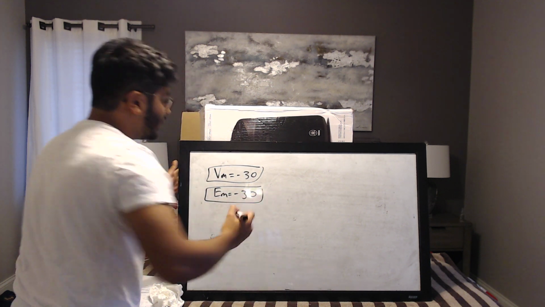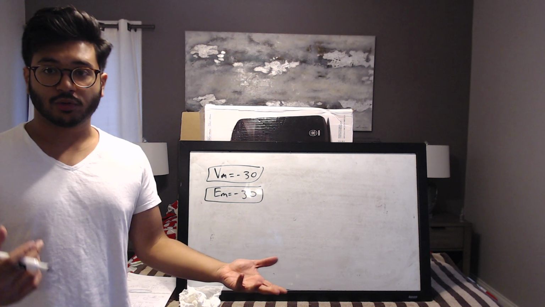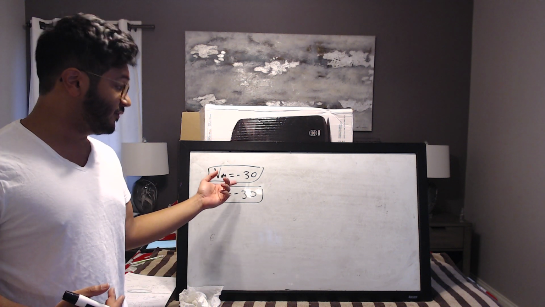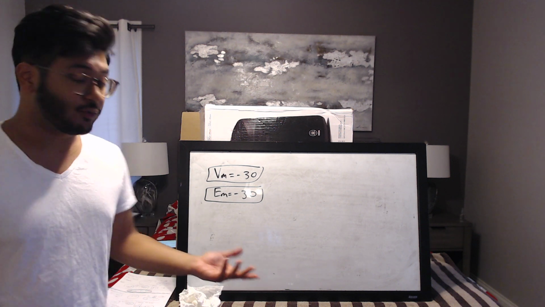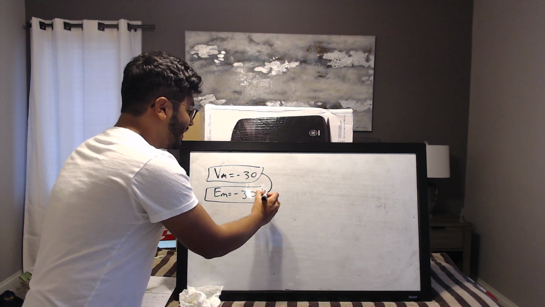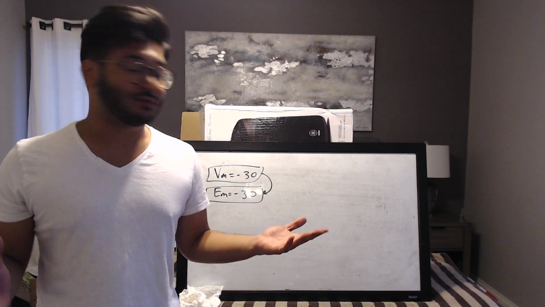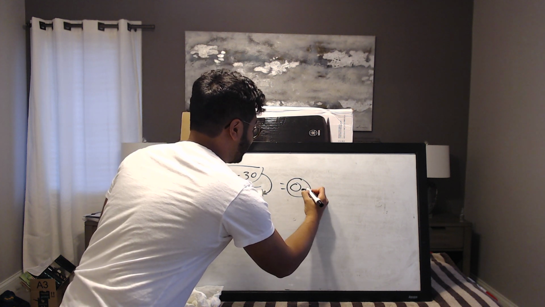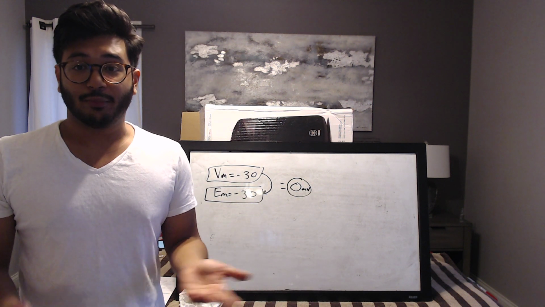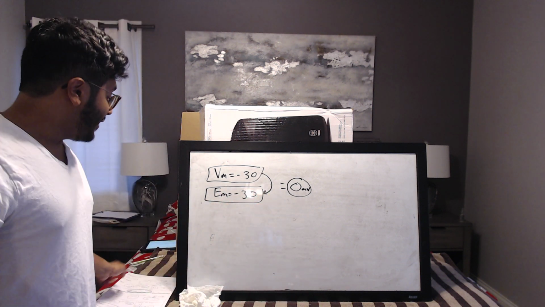So you do all the steps, you go all the way through it, and then you have to take your VM to your EM to find out the magnitude of your driving force. Well, if you take negative 30 to negative 30, you have no driving force. It's literally going to be 0. So in this case, your driving force is going to be 0 millivolts, which means you don't have a driving force. It's just going to be nothing.